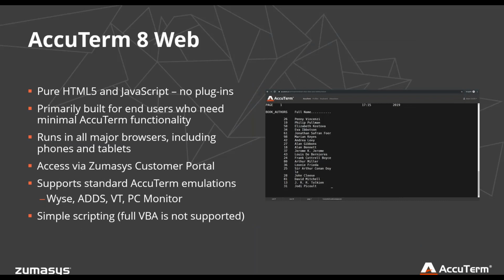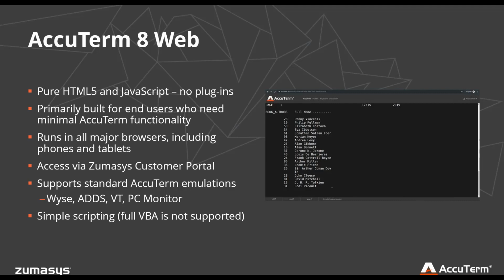So the next part of AccuTerm 8 is the web version of AccuTerm 8. This is replacing the old AccuTerm Cloud, which was built based on plugins. And the plugin technology used is not supported by any of the modern browsers anymore. When we first did it, it was great. It worked awesome.